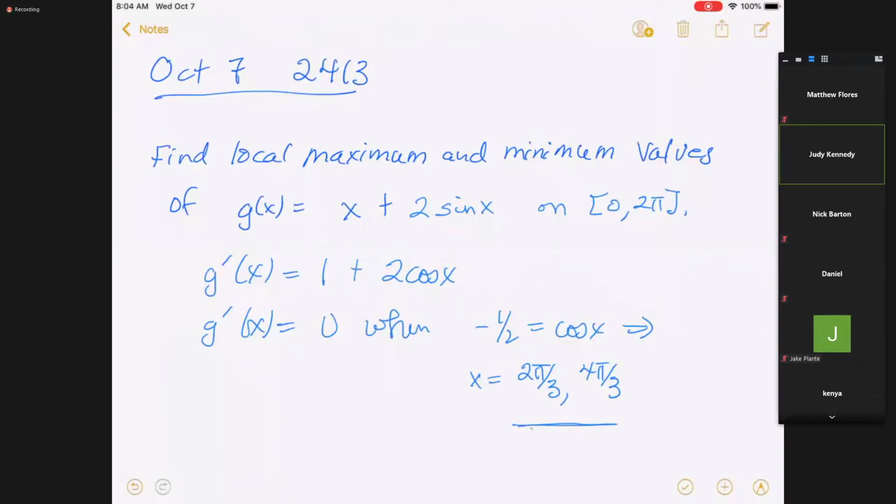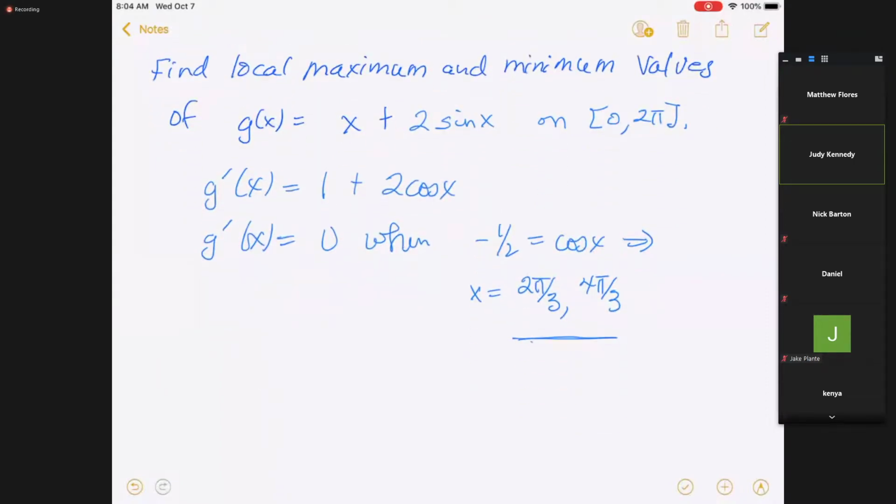We have our two critical numbers. And remember, this gives you all the places where the derivative can change sign. I like to draw a number line, and this time we're only interested in the interval from 0 to 2 pi.